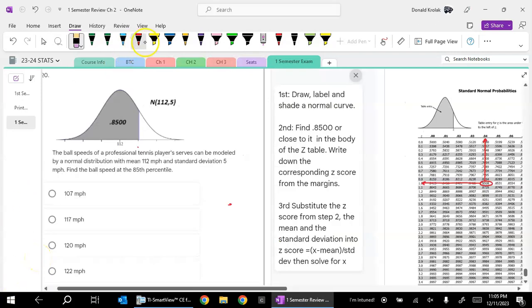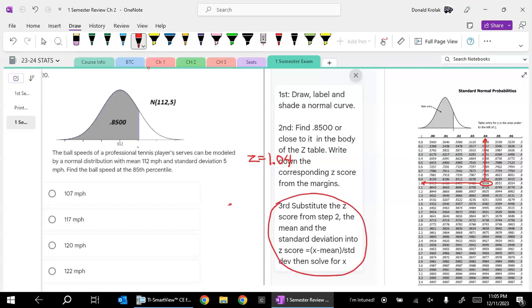Okay, so now we go back. So for our second part here, we've got a z-score of 1.04. Now we're going to substitute that into our z-score formula and figure out what this missing score is right there. Okay, so we know that the z-score is equal to, in this case, the speed that we're looking for minus the mean divided by the standard deviation. Okay, and our z-score is 1.04.